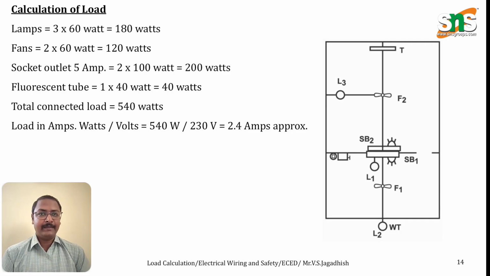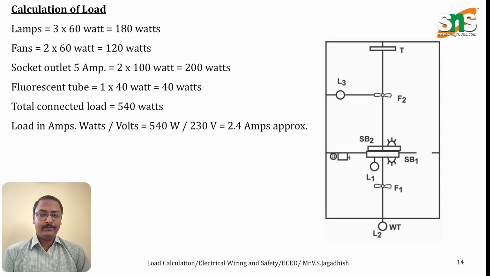We have a 5 amp socket outlet, to which 2 into 100 watts can be connected, so it contributes 200 watts, and one fluorescent lamp with a wattage of 40 watts. Adding all the power consumed by those connected loads, it is equal to 540 watts.